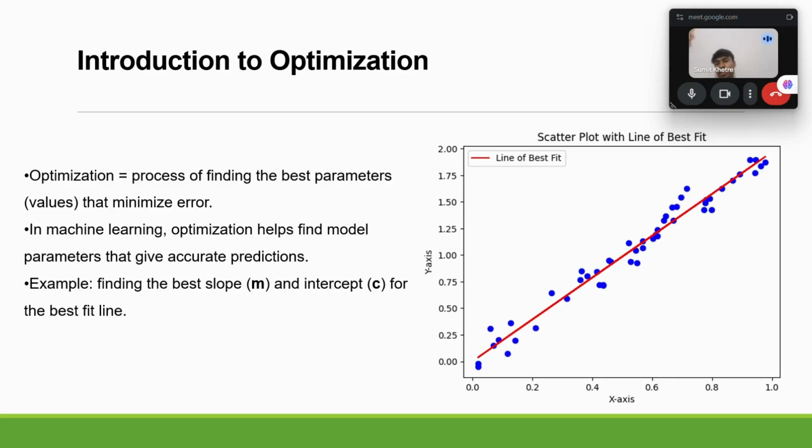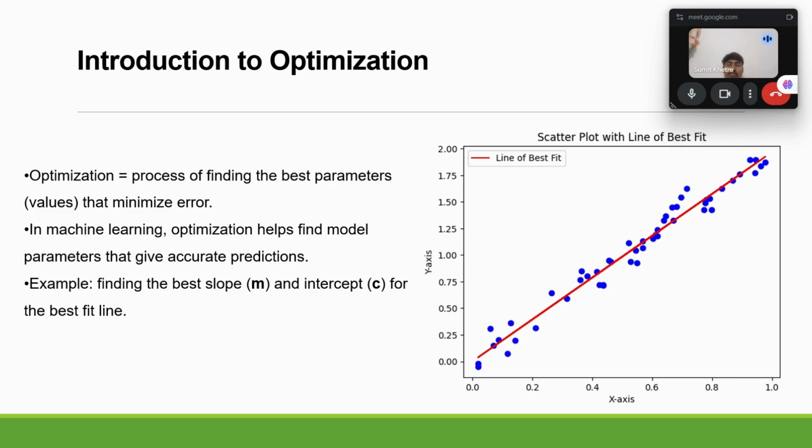So the first one we will see is introduction to optimization. Many of you have questioned what is meant by optimization. Optimization is a process of finding the best parameters or values that minimize the error in the code. In machine learning, optimization helps find model parameters that give accurate predictions.